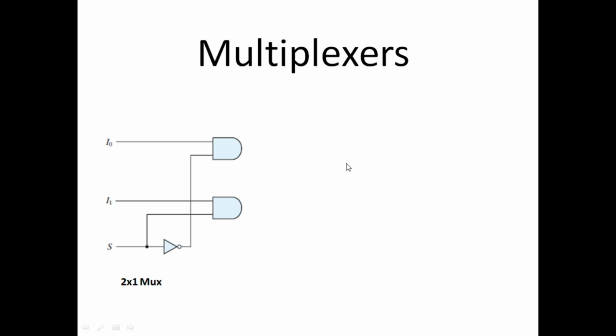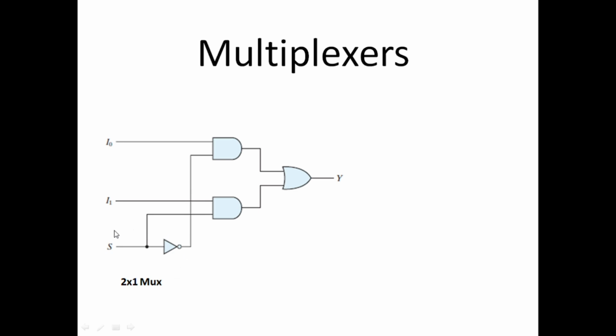So let me show you the output. This is the output. The outputs of these AND gates are connected to the OR gate, and a single output is taken from this OR gate. So either of these inputs can be connected to the output Y, and this can be controlled with select lines, and in this example there is only one select line.